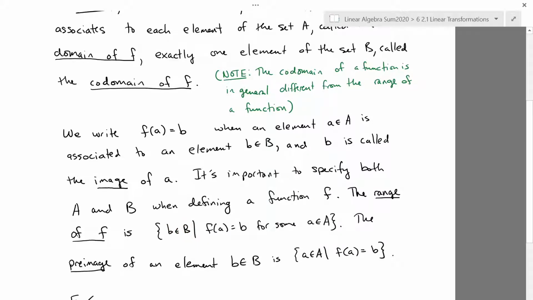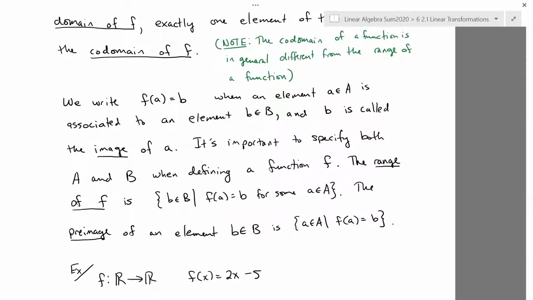And then finally, the preimage of an element in the codomain is a set of all elements in the domain which map onto the element little b.